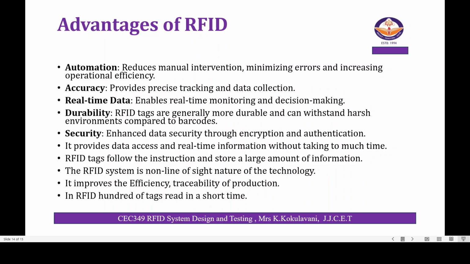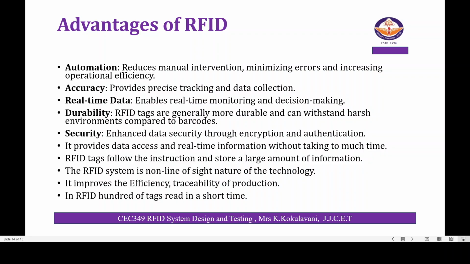What are all the advantages of RFID? Automation reduces manual intervention, minimizing errors and increasing operational efficiency. This is a main advantage because nowadays we are using automation for everything. If we automate identifying an object, it will be more advantageous.